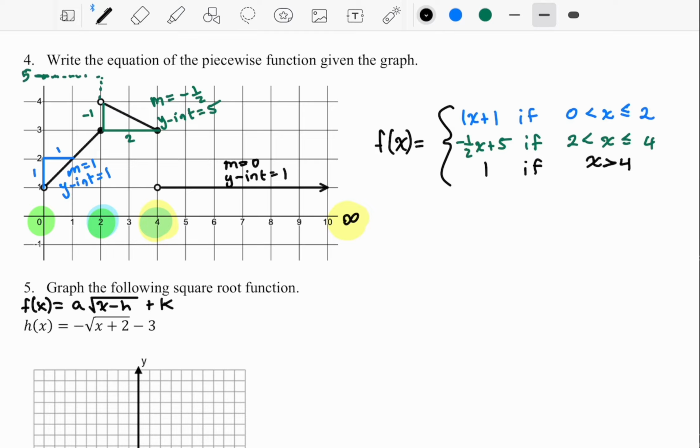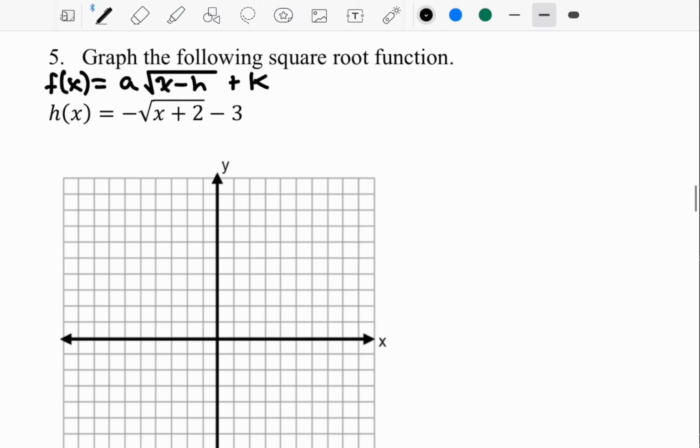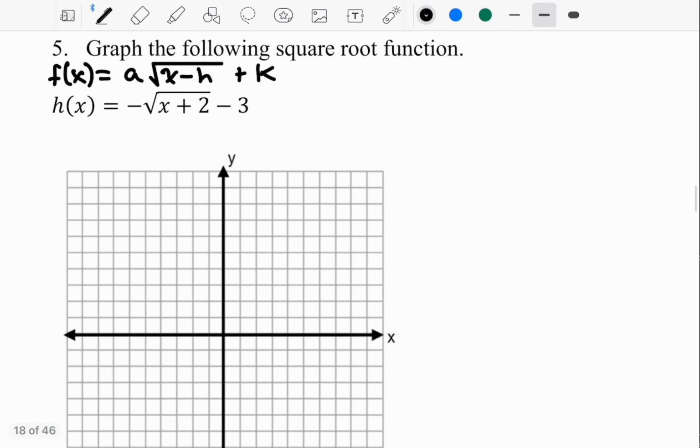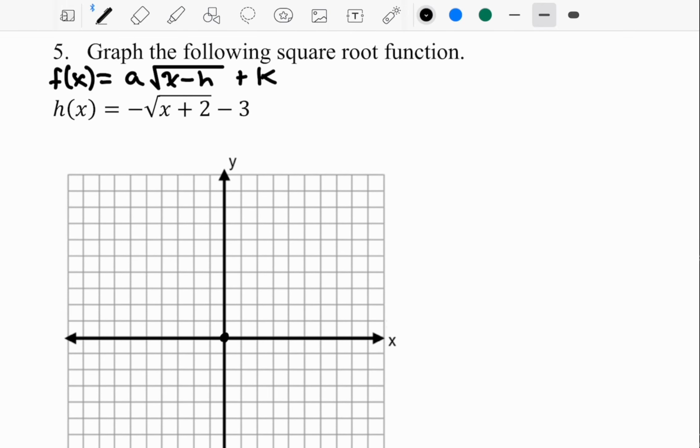But what I like to do is plot the square root of x first. Right? So I'm going to plot that. So 0, 0, 1, 1, 4, 2, and 9, 3. If it fits on the graph, doesn't always, but it does in this case.